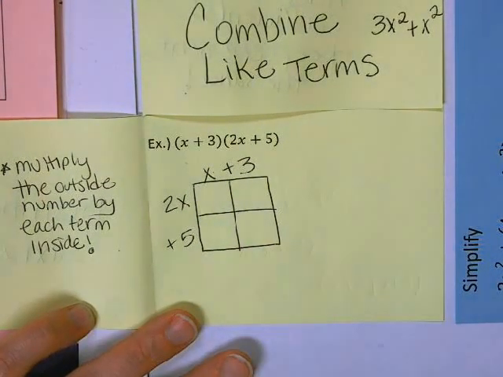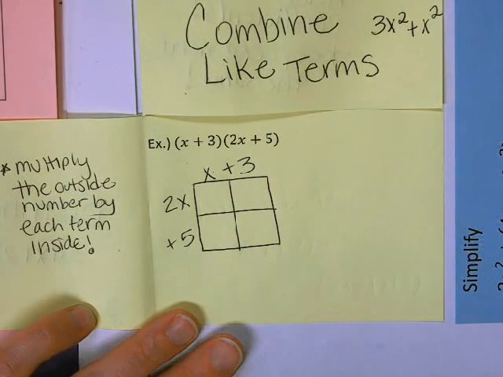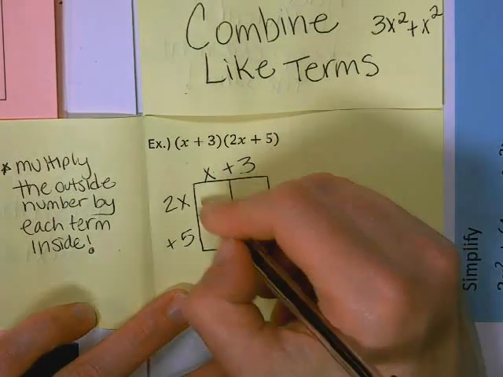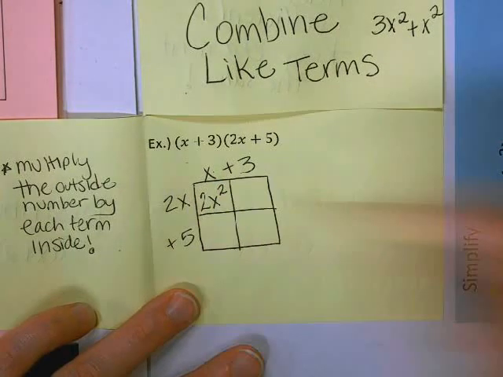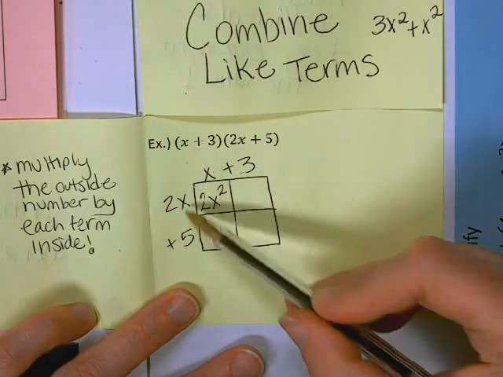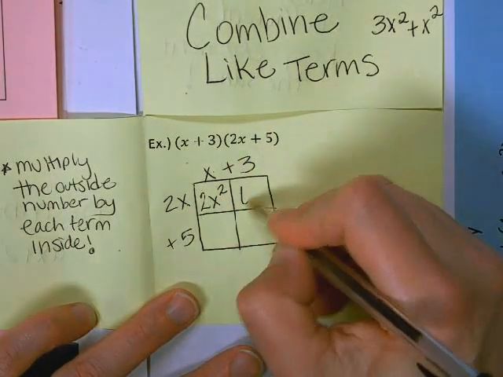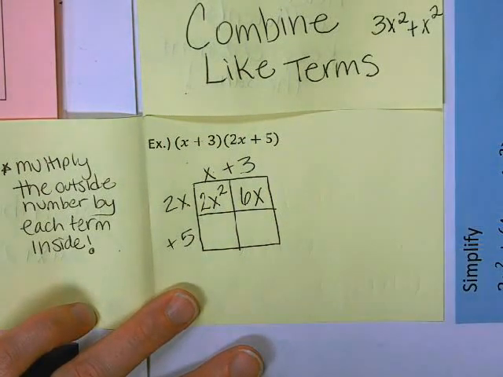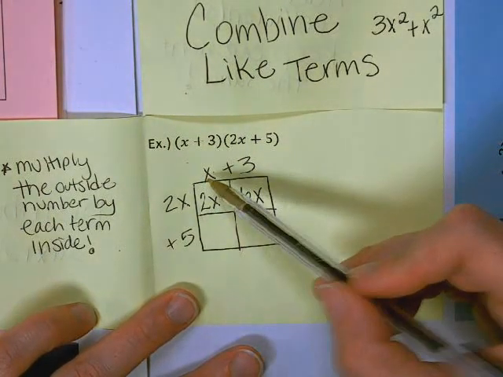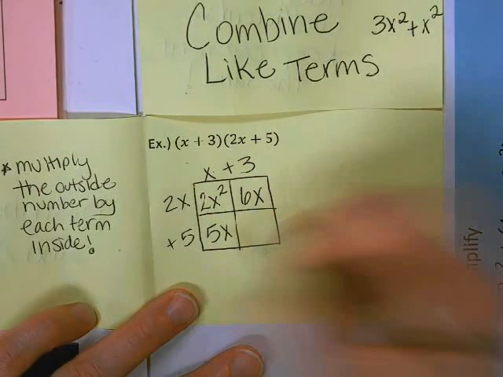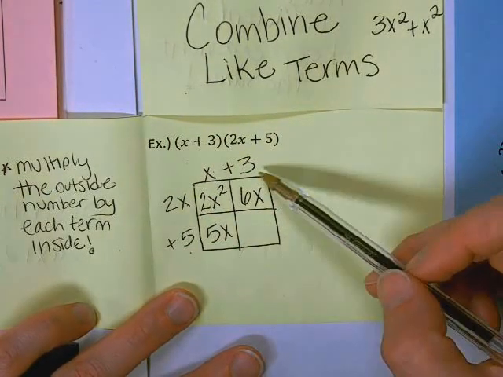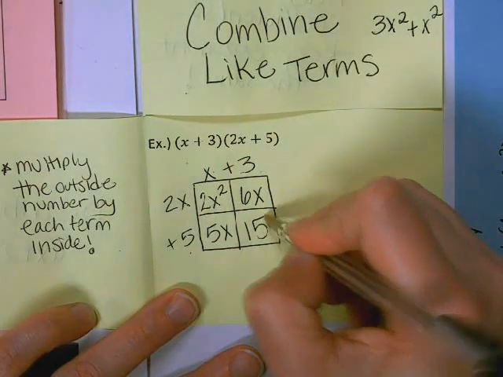Now remember, x times x, that's repeated multiplication. So I need to have an x squared. So this is 2x squared. 2x times 3, that's 6x. 5 times x, that's 5x. 5 times 3, that's 15.